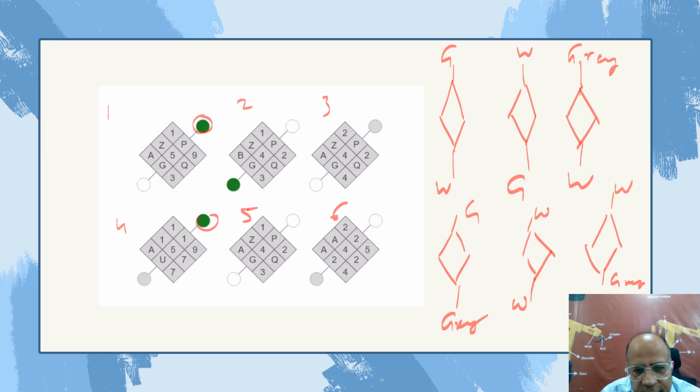Then if you look at white, and white will mean there is no color, there are odd and even both. So if it is only odd, I put green at top. If it is a combination, I just keep it simple. I don't color it.